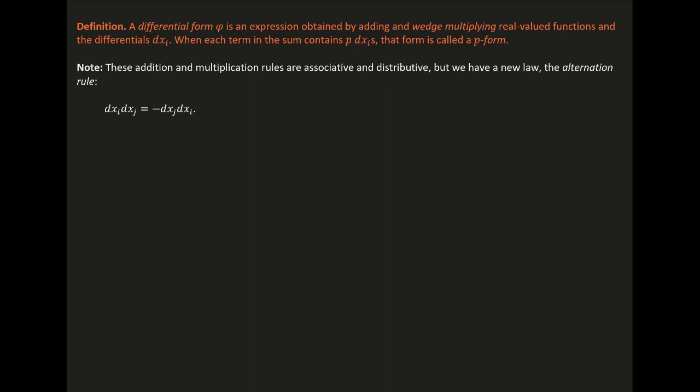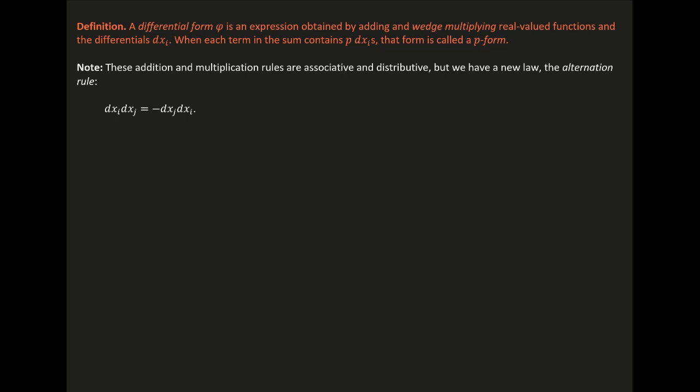A differential form, phi, is an expression obtained by adding and wedge multiplying real-valued functions and the differentials dxi. When each term in the sum contains p dxi's, that form is called a p-form.